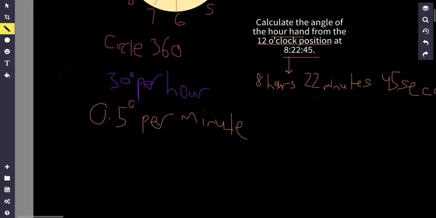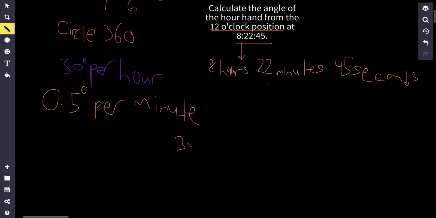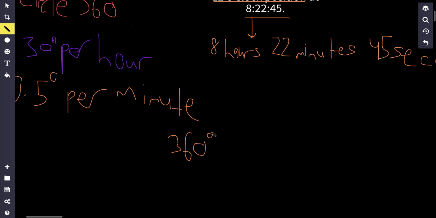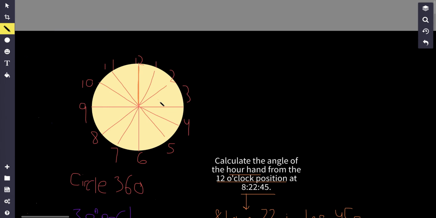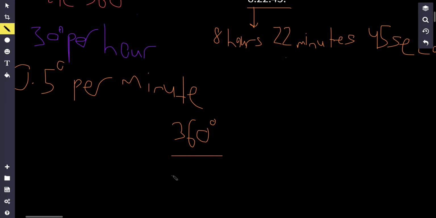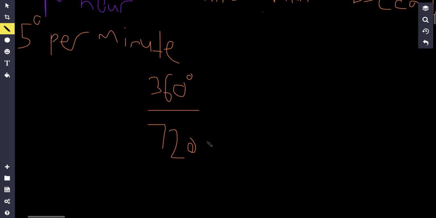Once again, we're going to use the same logic we did before. We know that in order for the hour hand to go 360 degrees, one rotation around the circle, it takes 720 minutes. I was about to say seconds there. It takes 720 minutes.